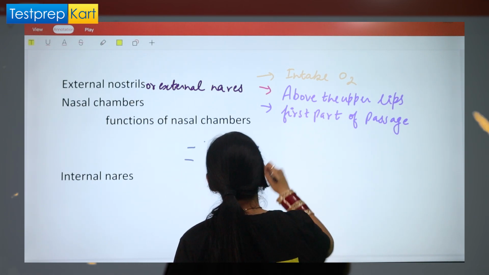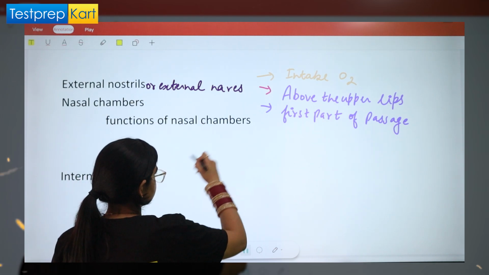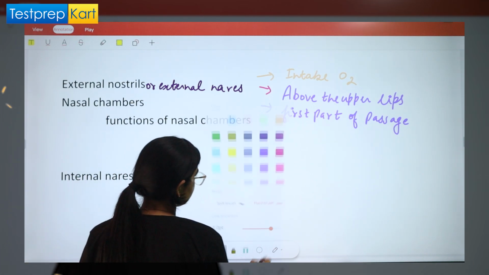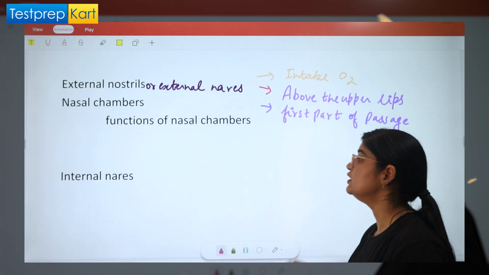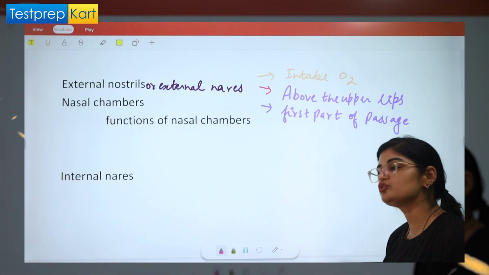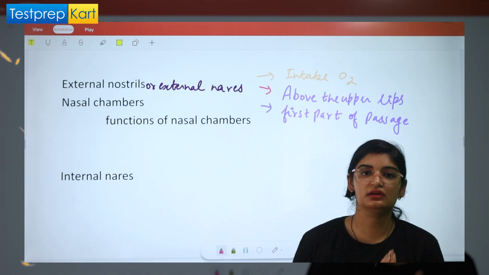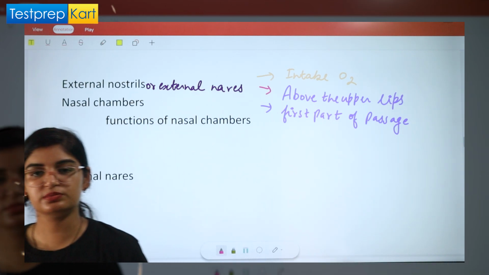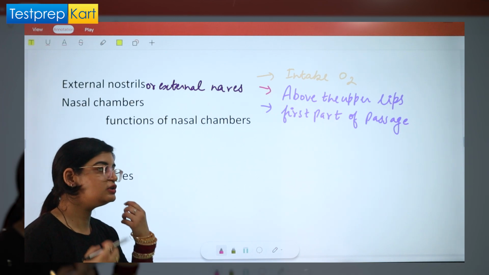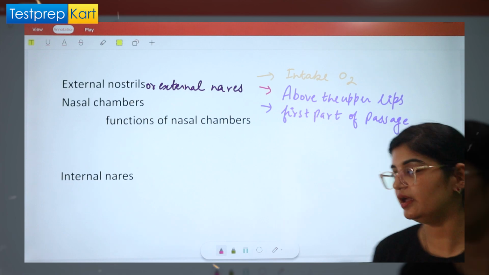In order to provide protection and to entrap the dust particles, we have ciliated epithelium. So ciliated epithelium will entrap the dust particles and will make the air clean. The air outside is polluted and must have dust particles, so the ciliated epithelium cleans the air.